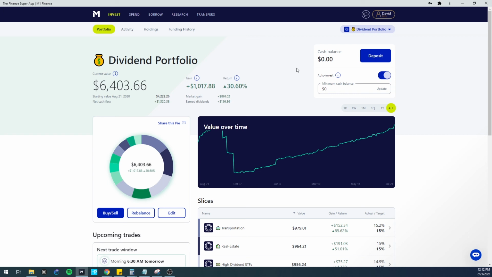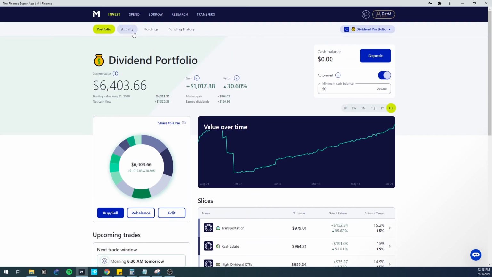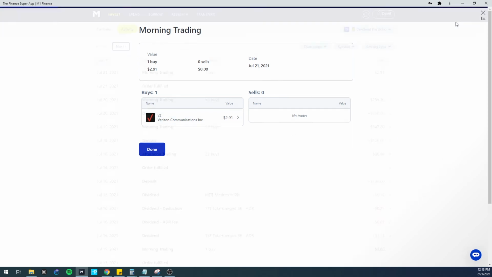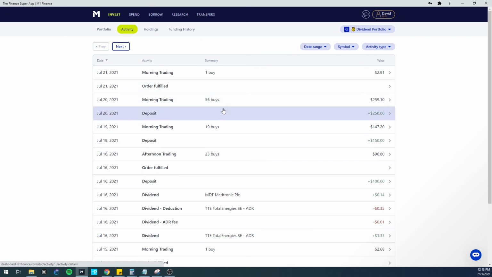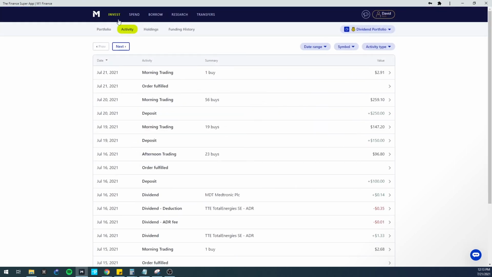Last night I had $2.91 left over from a buy order, not a dividend, so I set a buy order for Verizon to use up that $2.91. Now it is at $0.